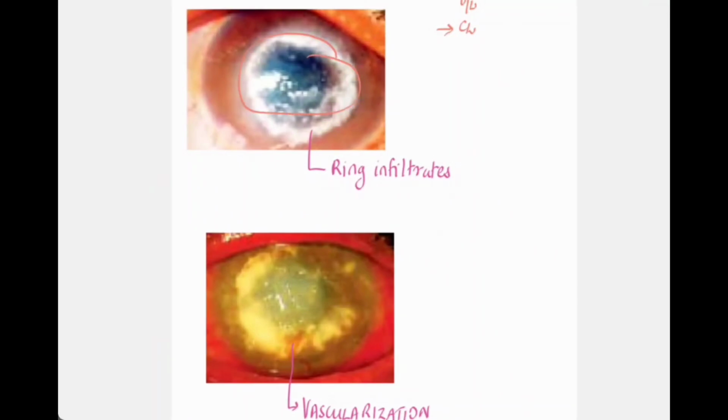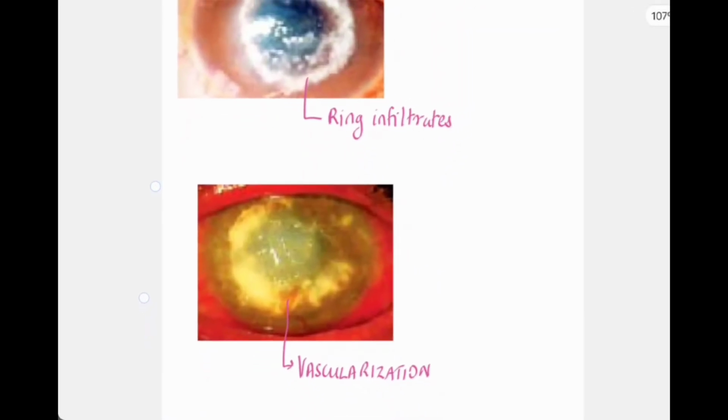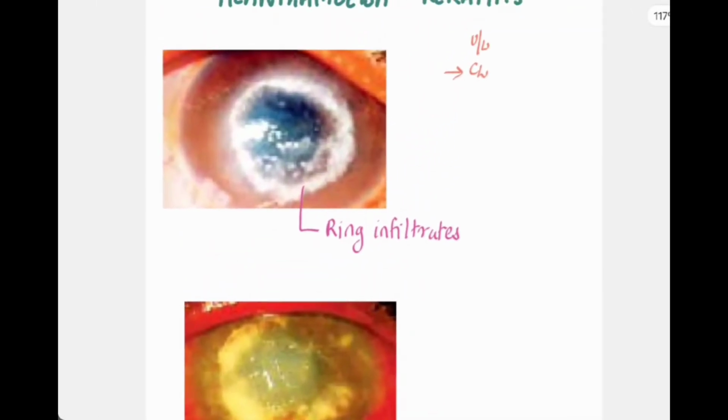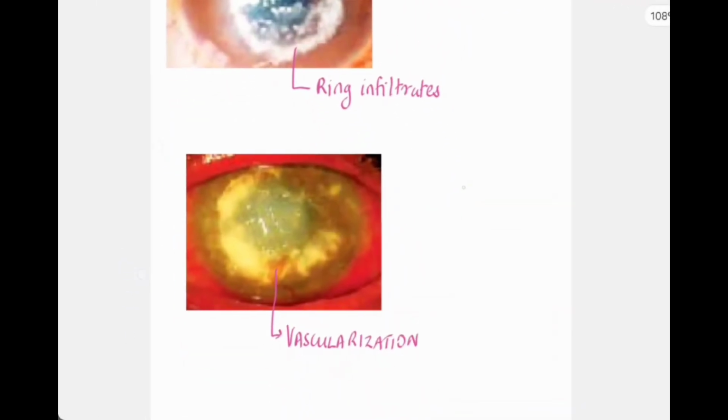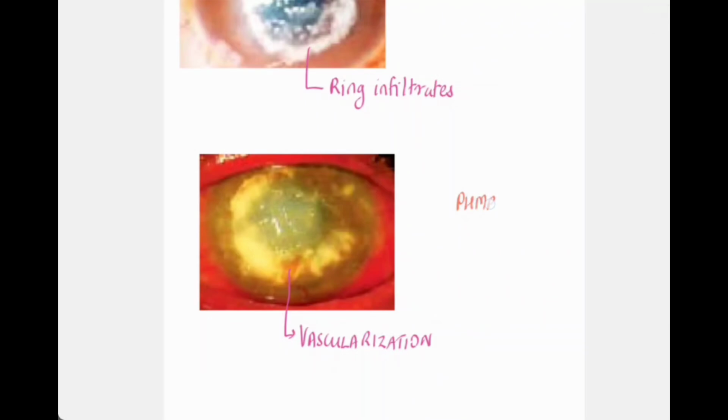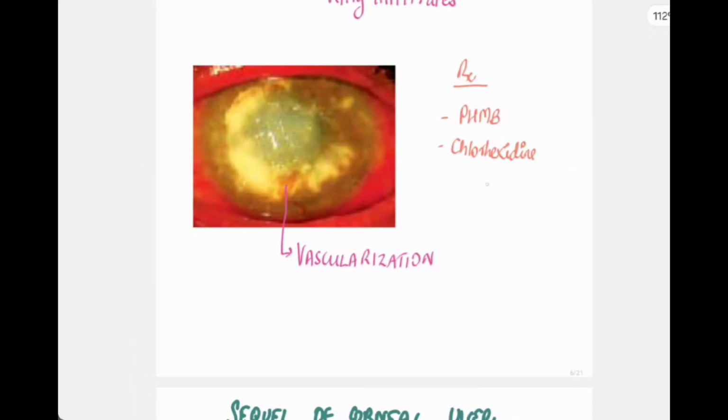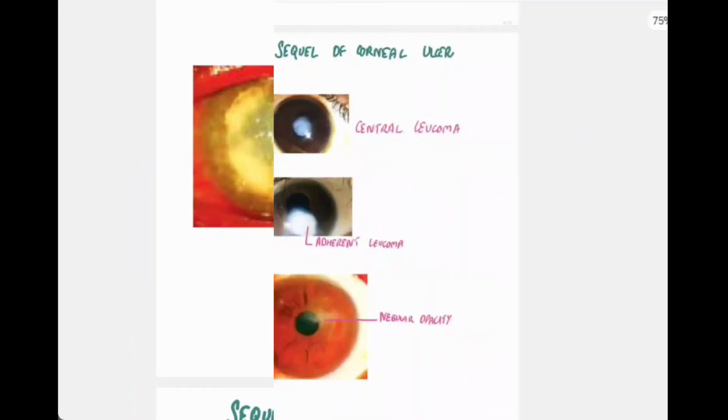Paracentral ring-shaped ulcer or abscess is the mark of advanced infection. Treated using PHMB, that is polyhexamethylene biguanide, or propamidine isethionate, neomycin, chlorhexidine, etc. May require therapeutic penetrating keratoplasty in severe cases.